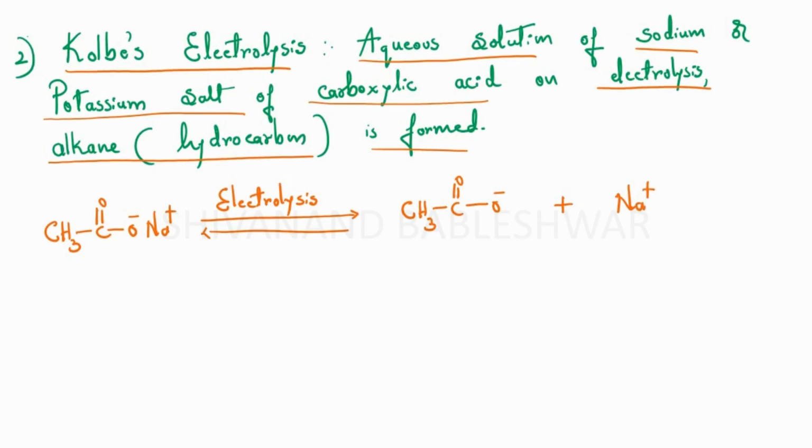So if I take 2 molecules, then I'll get here 2 molecules of acetate anion and 2 molecules of sodium cation. Now let us take the dissociation of water molecule, H2O, again the electrolysis, and we will be having here anion, that is OH minus, and here also I'll write it as H plus.